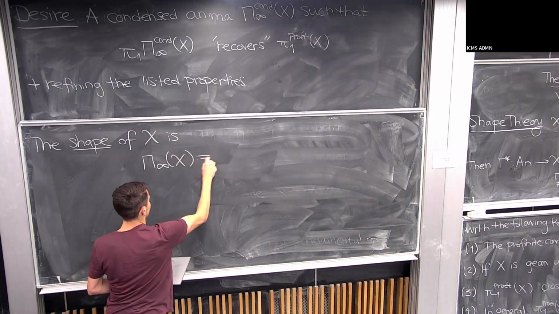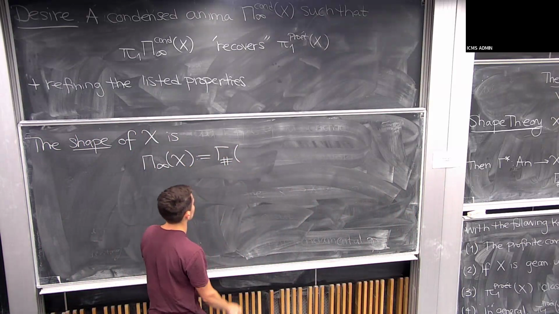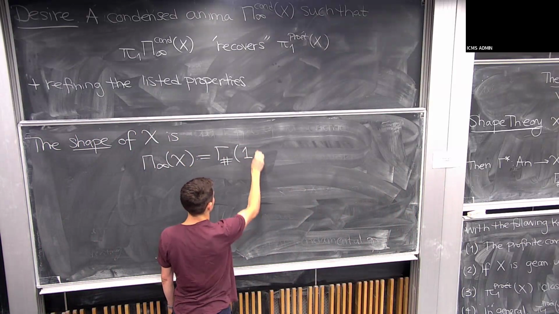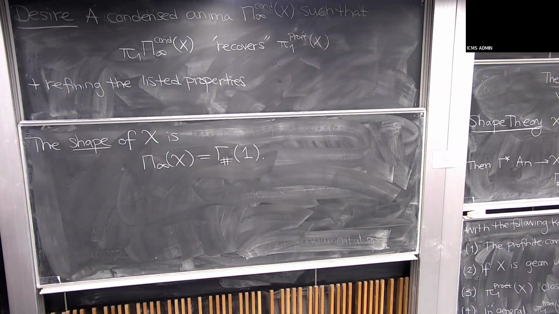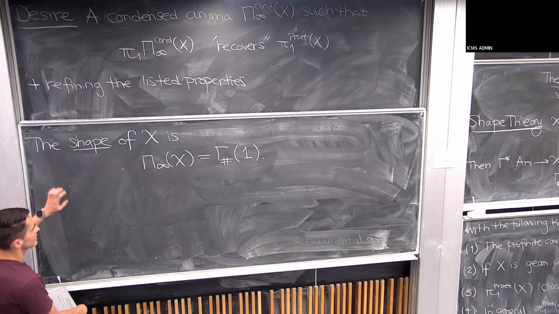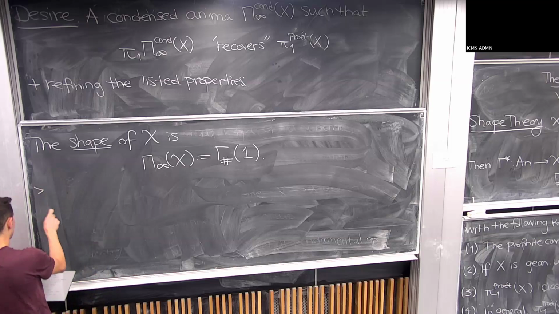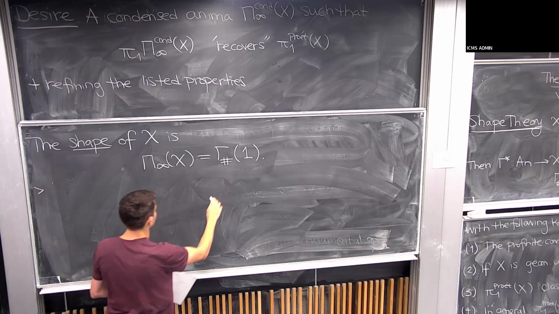Well, I have this random functor that's just given to me via universal properties, and I can apply it to the terminal object. And why does this need to be well behaved? Let me give you an example. The first thing to say is that this definition is maybe not clearly functorial.